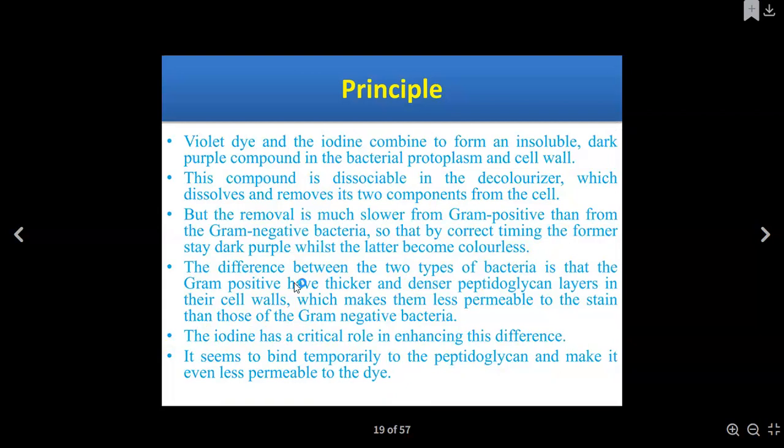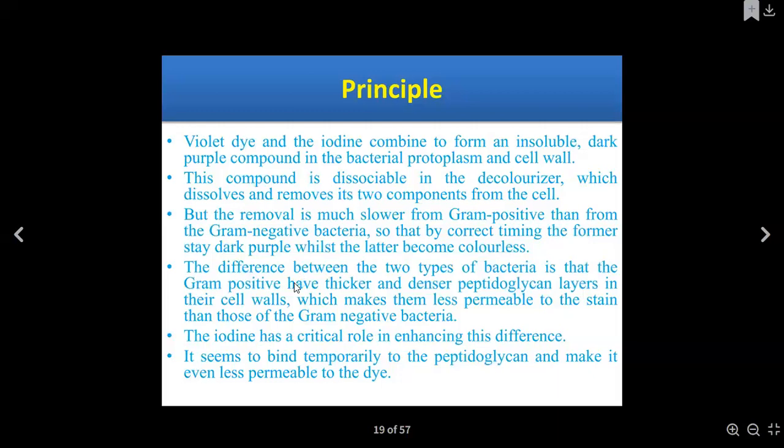Here in the gram positive, you have a thick peptidoglycan layer, so removing that is hard, right? But the gram negative is just a thin one. Remember, we said gram staining is all based on that peptidoglycan layer. That is what brings the difference when it comes to gram stain.